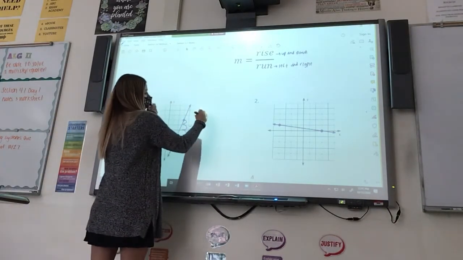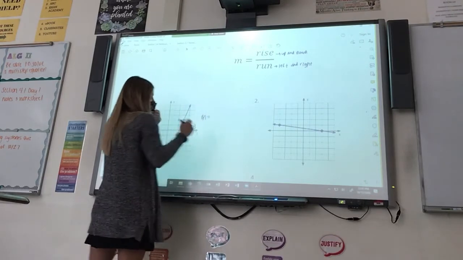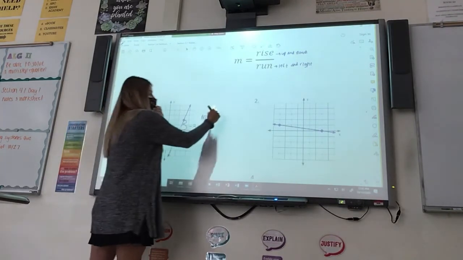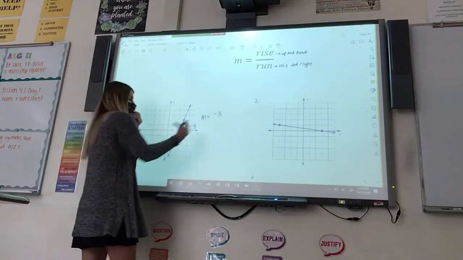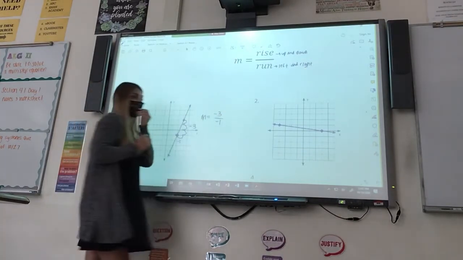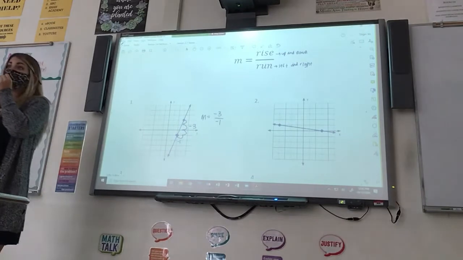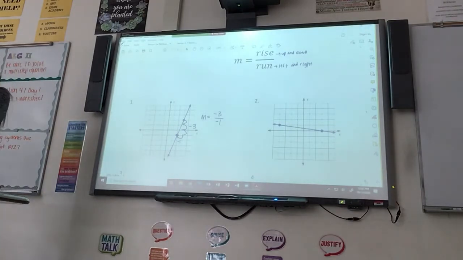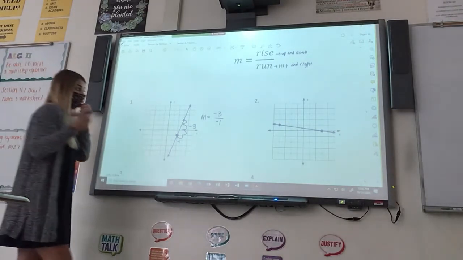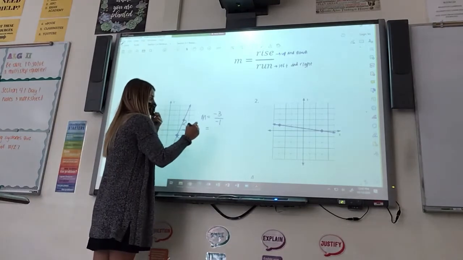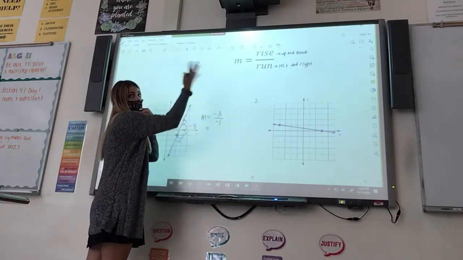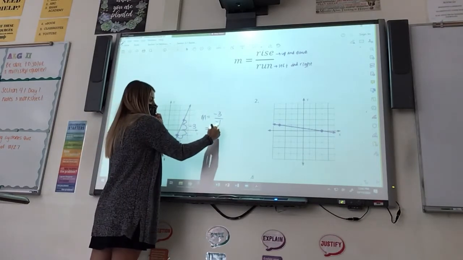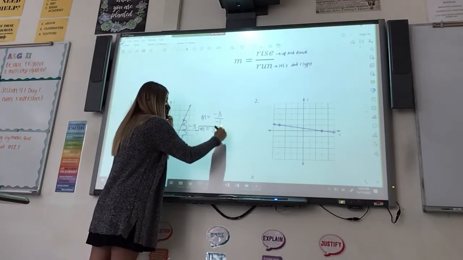That's the variable we use for slope. So m equals, my rise was -3, so that goes on top. My run was -1, that goes on the bottom. And then just simplify. What's -3 over -1? 3. Yeah. Negative over negative is a positive, and any number over 1 is just itself, so it would just be 3. So my slope is 3.